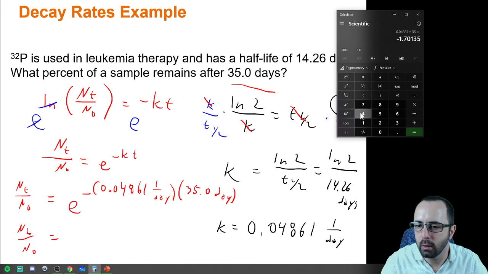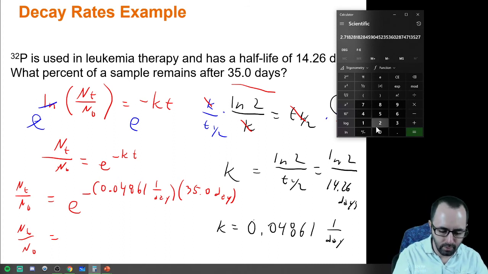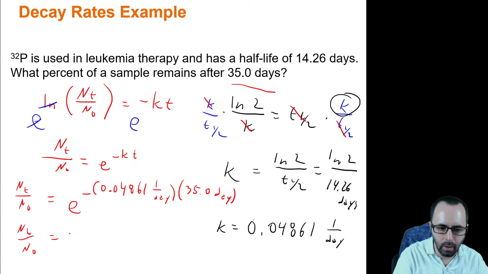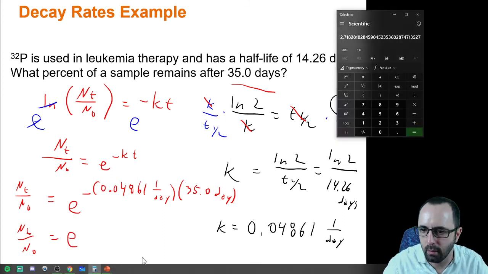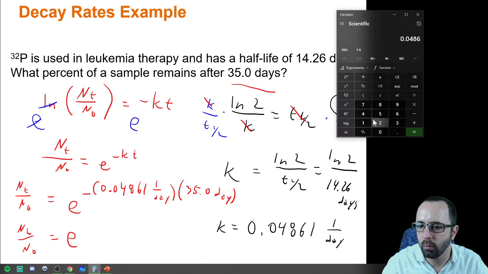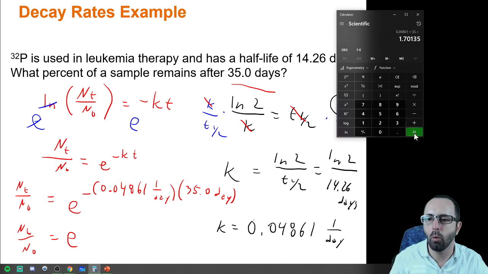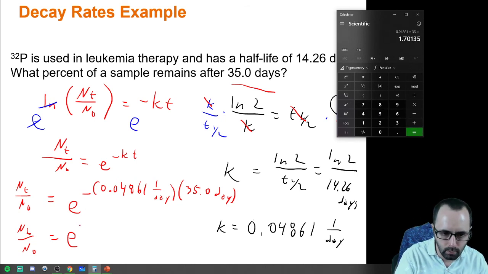So I'm going to do e to the power of 0.04861 times 35. So e to the power of negative 1.701.